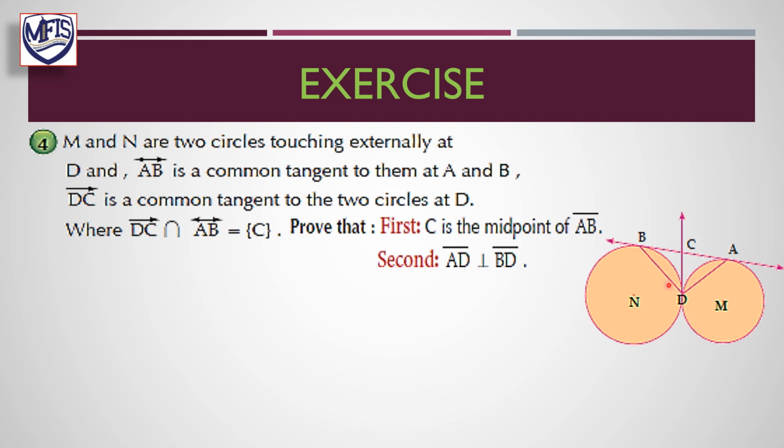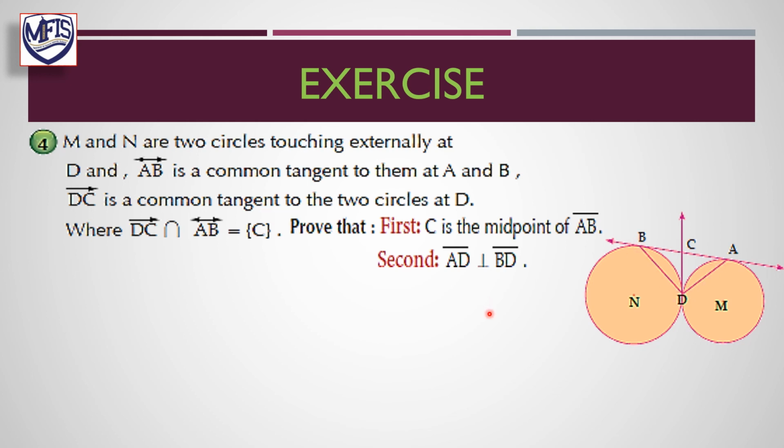Two angles equal two angles, and the sum of interior angles of the triangle ABD equals 180. That means measure angle ADB equals 180 divided by 2. Therefore, ADB equals 90. That means AD is perpendicular to BD.